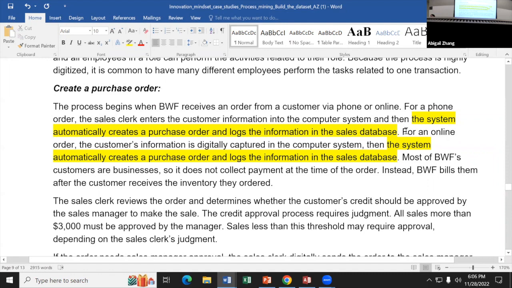In general, you can think of these automatic systems as having more accurate information than manually generated information. For example, when a sales clerk enters the customer information, they may mistype, for example, a phone number or zip code into the system.